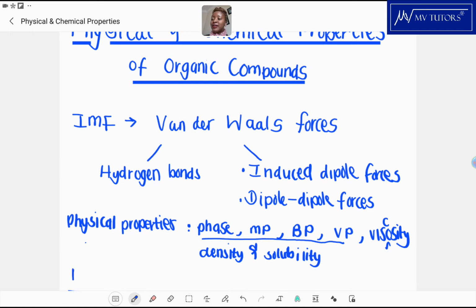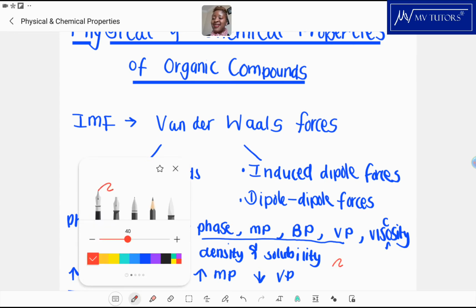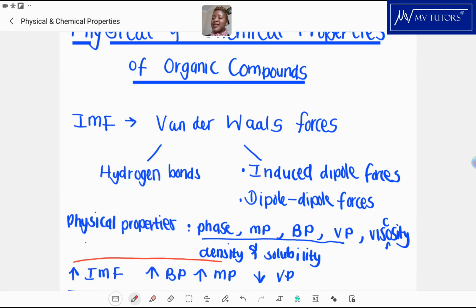The stronger your intermolecular force, the higher your boiling point is, the higher your melting point is, and the lower your vapor pressure is. If you know this, guys and girls, you are kind of sorted.